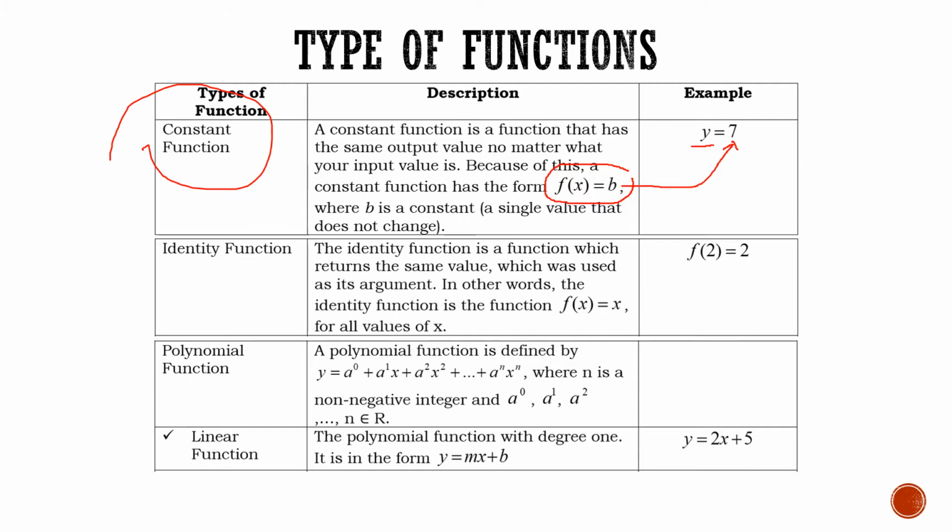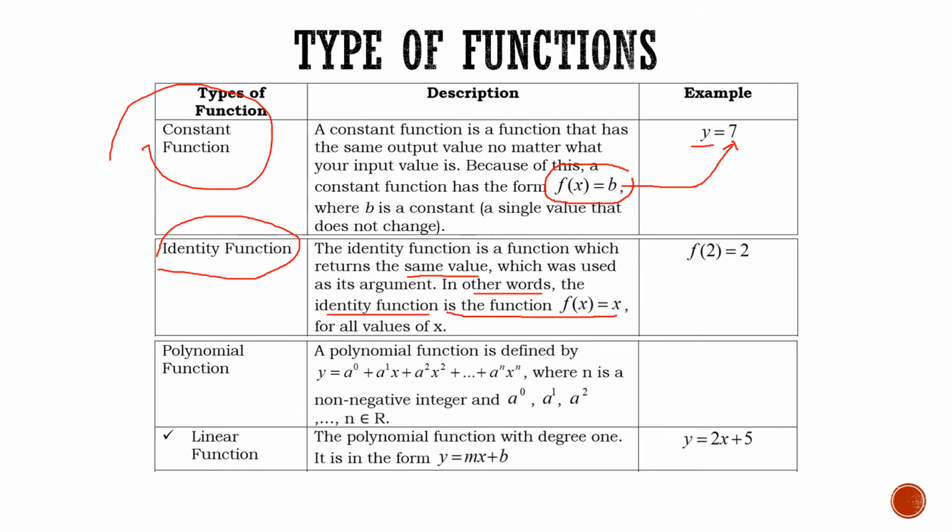Now, the next type of function is your identity function. So the identity function is a function which returns the same value which was used as its argument. You need to take note of this. So in other words, the identity function is the function f of x is equal to x for all values of x.